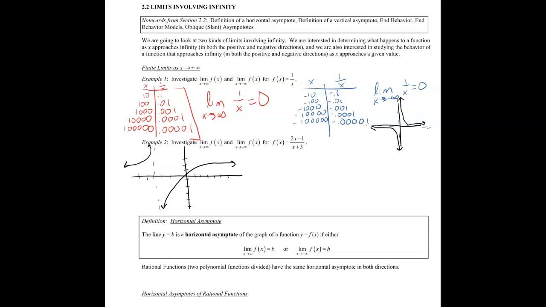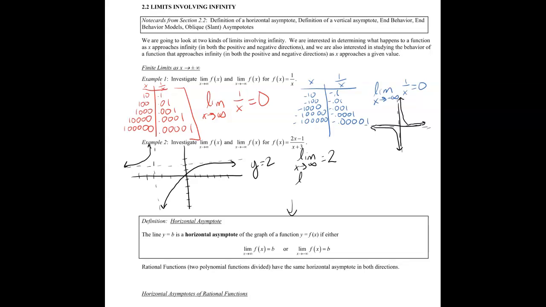Alright, so graphing this, I see that I have a horizontal asymptote on this one as well, and that would be at y equals 2. We'll talk about that in a second. So the limit as x goes to infinity, to the right, is going to approach 2.